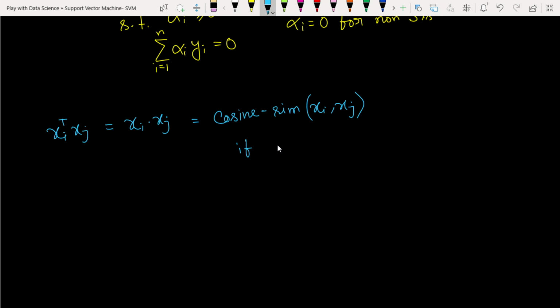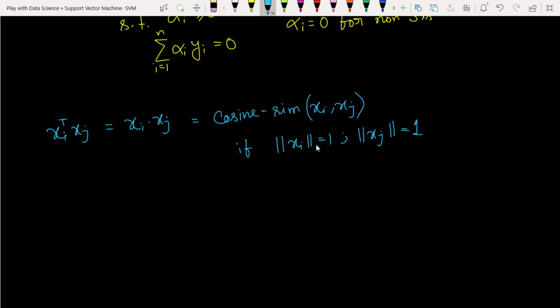It works when the norm of x_i is equal to 1, as well as the norm of x_j equal to 1. So this is one type of similarity. If the norms of these two vectors are 1, then this is simply a cosine similarity.